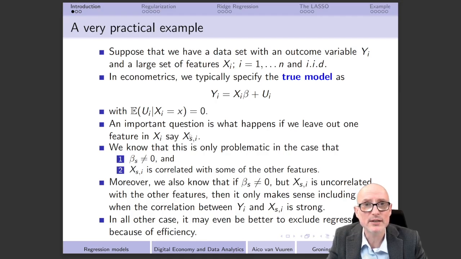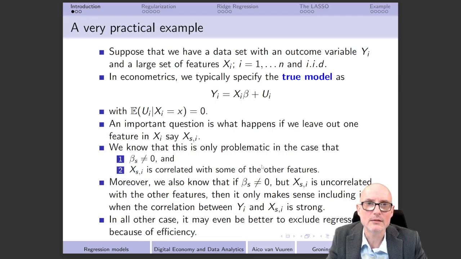But we should take into account that there is another requirement that we actually need in order for something bad to occur to us. And that is that x_s is going to be correlated with some of the other features.